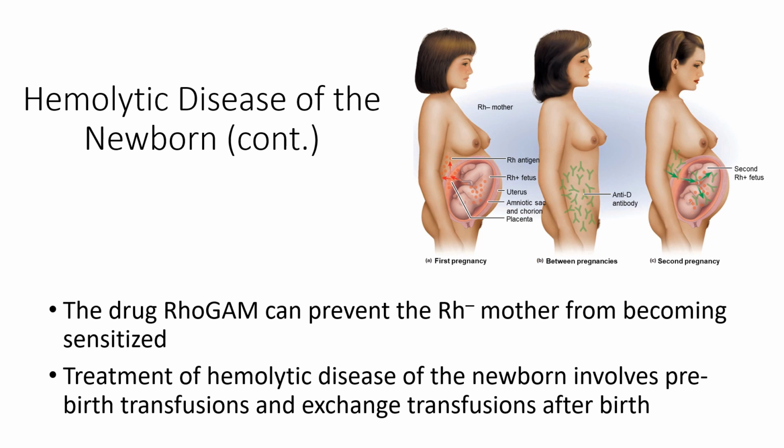So the RhoGAM shot ties up the Rh positive antibodies in the mother so that they can't cross. Those antibodies are tied up to the point where they can't move across and attack the developing baby.